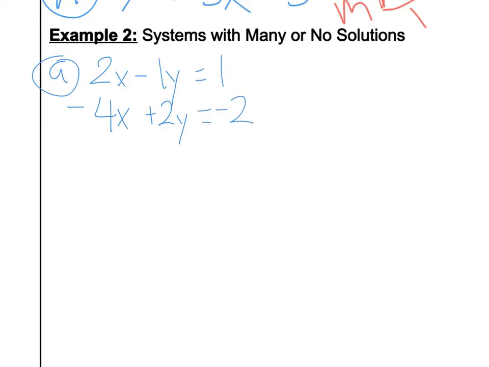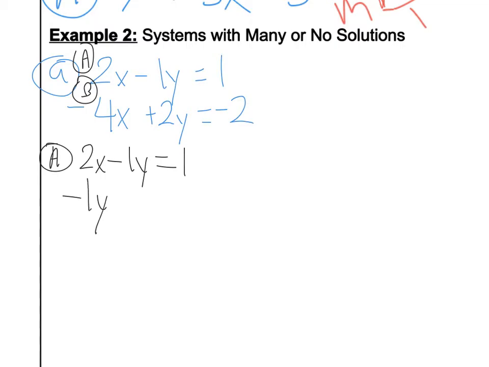Now, what we want to do is get these both into slope-intercept form. So let's take our A equation. Here's A, and here's B. With A, 2x minus 1y equals 1. I'm going to subtract over the 2x, so I got negative 1y equals negative 2x plus 1.